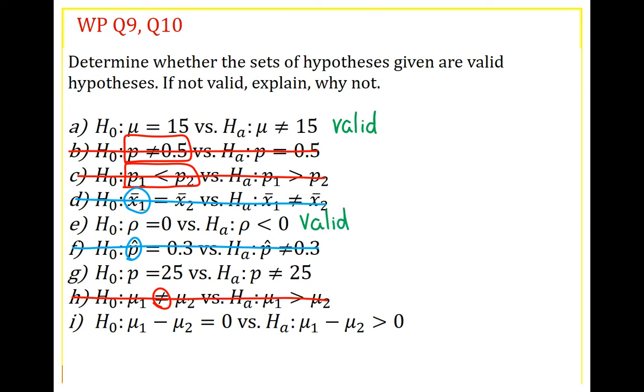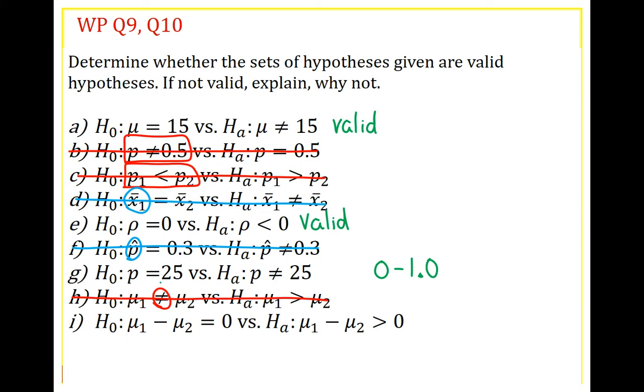We're going to go down to letter G. I have a value in G. And what do you notice about it? First of all, it's a proportion, so that's okay. Good. However, remember, proportions are between 0 and 1.0, from 0 to 100%.